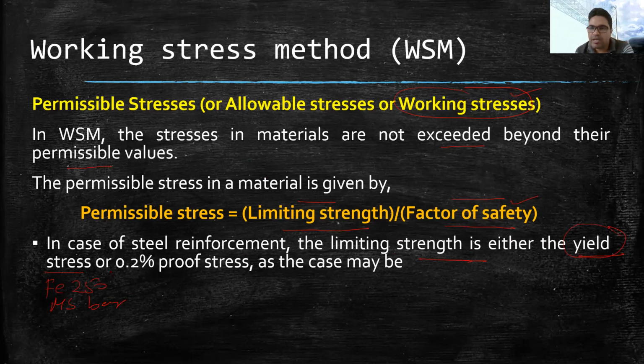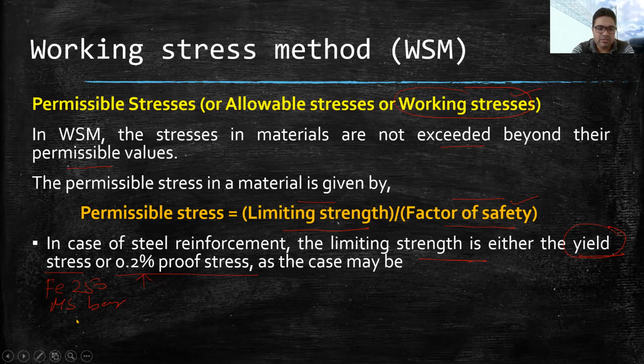If we are using a high strength bar, in that case we will use the 0.2% proof stress. As I discussed in the previous part, this is how we find out the strength of a bar using 0.2% proof stress. The corresponding value will be the yield strength of that high strength bar. Based on that, we find out the limiting strength of the steel.